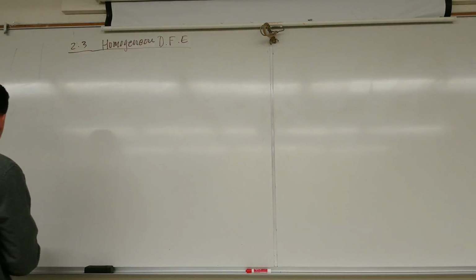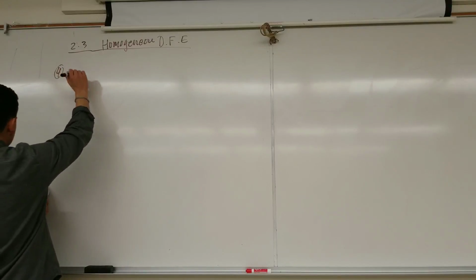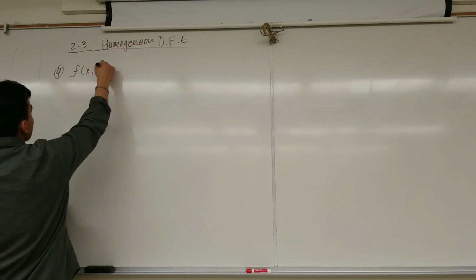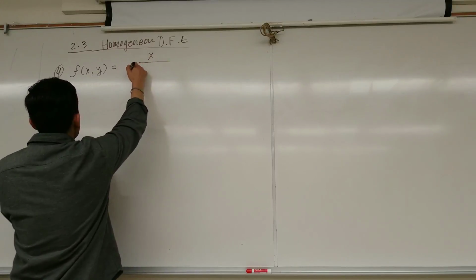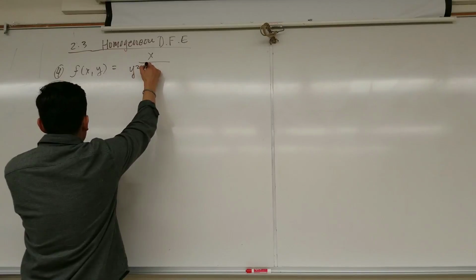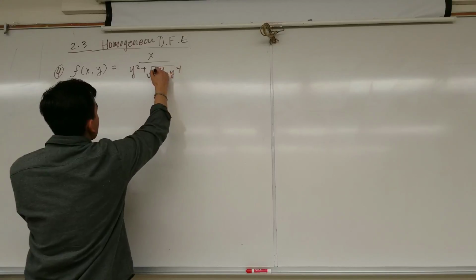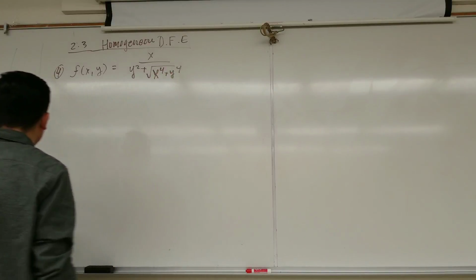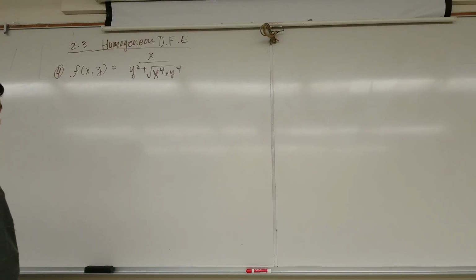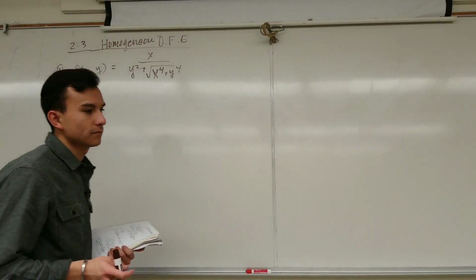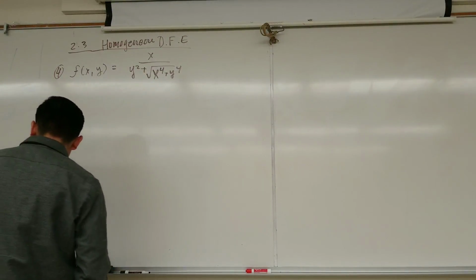Well, that is a good question, because if we have this, for example, number 4, if we have f of x, y is equal to x over y squared plus square root of x^4 plus y^4. Let's see. I guess we should start off with the definition of the homogeneous function.